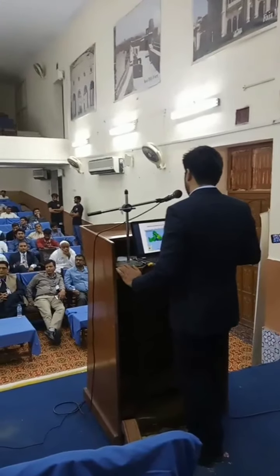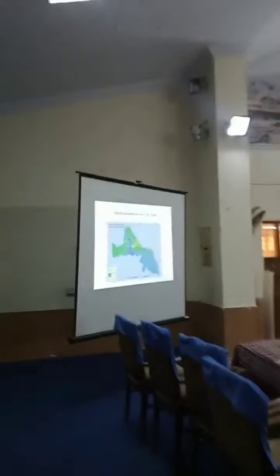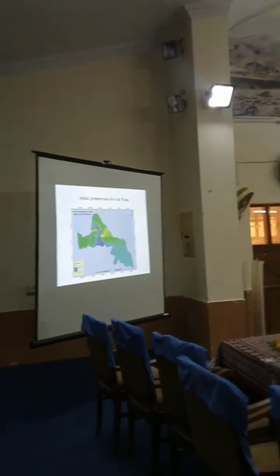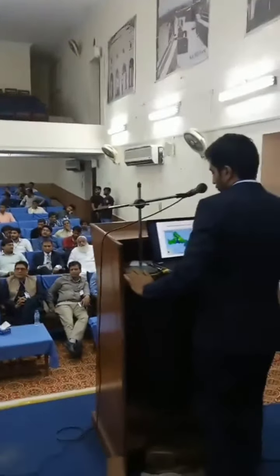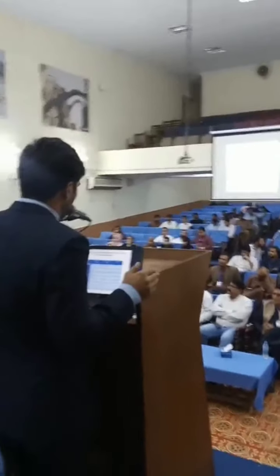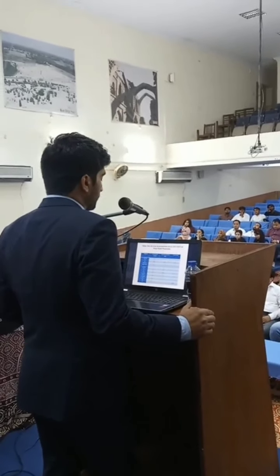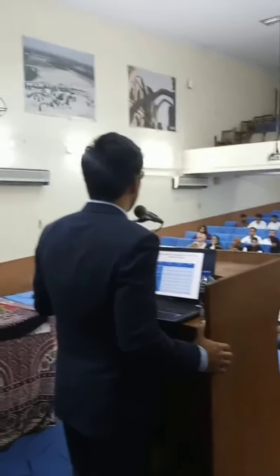So this is the official groundwater level. The blue color shows the highest depth, and the greenish and white portions show the lowest depth of groundwater. This shows the decrease in groundwater level from 2000 to 2013. We have divided Khairpur into different sections, different villages.